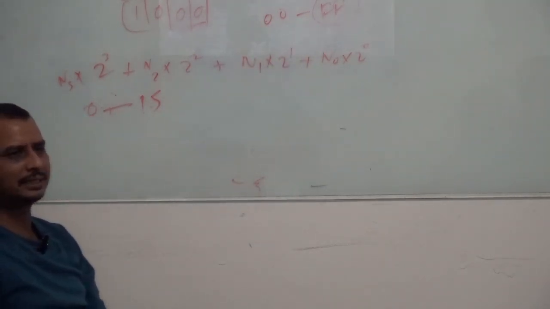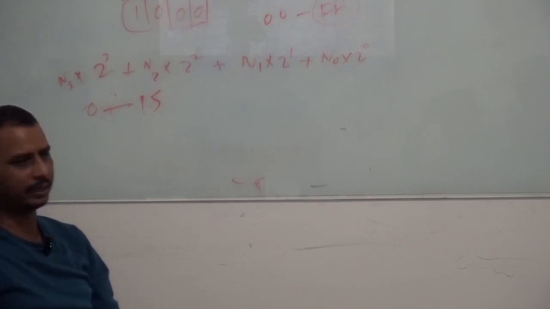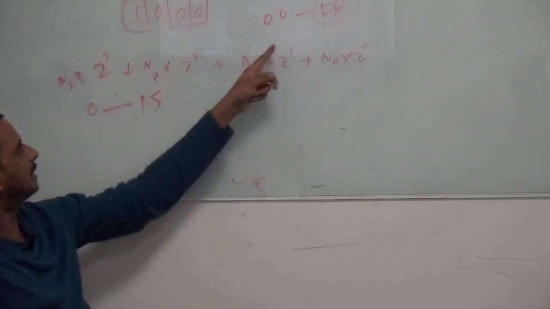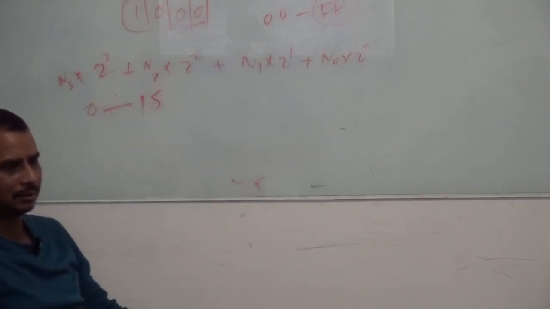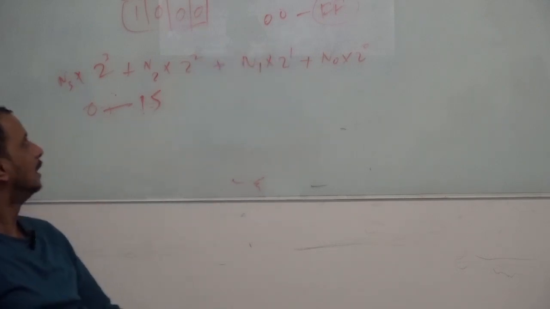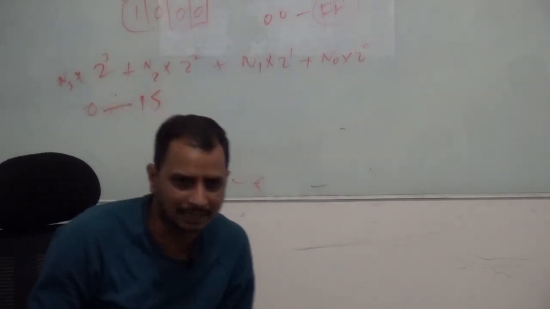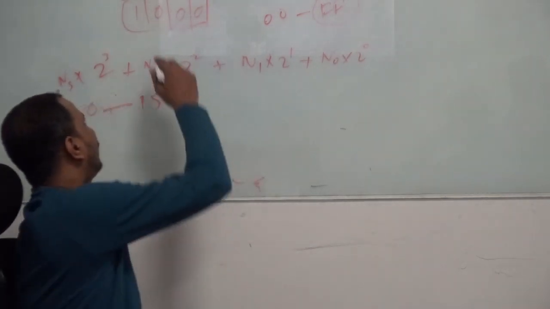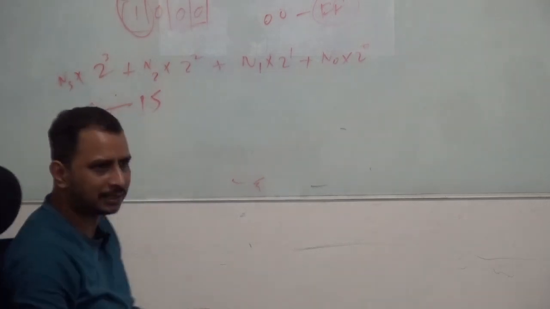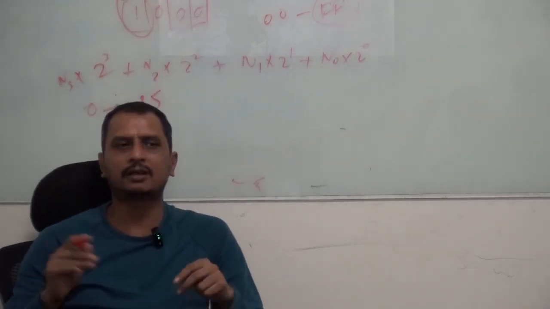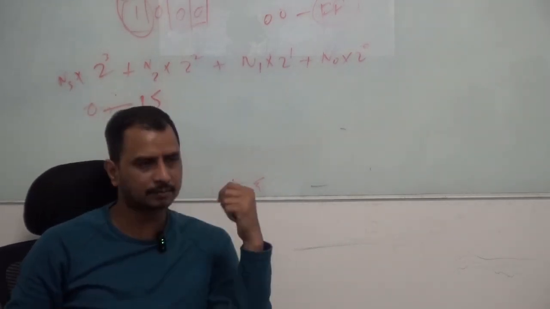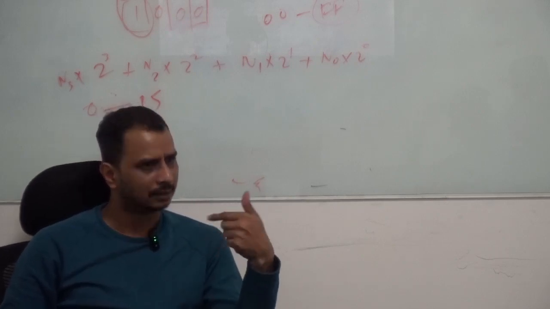Now, how will we achieve a signed number here? How will we say this number is negative or positive? Suppose we have to achieve a signed byte, what we'll do is, we'll say the last digit, the MSB, will not contribute in deciding the number.